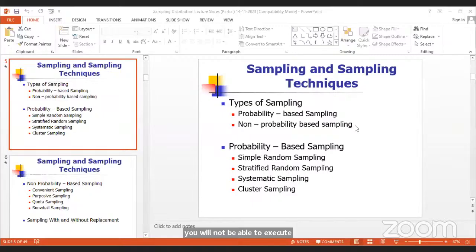All right? So that sampling frame is a major problem with probability sampling because you will always need it. If you don't have a list somewhere, you will not be able to execute probability sampling. All right? So let's look at cluster sampling.